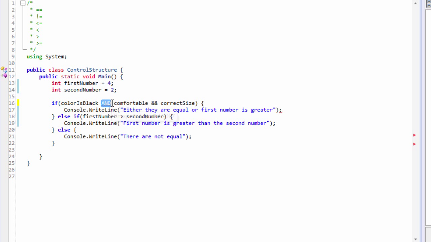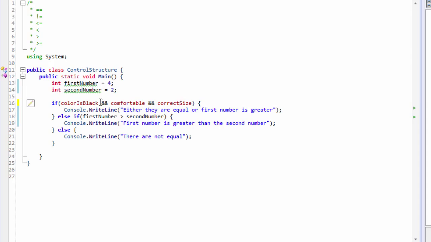So let's change this. Okay, now you see that I have included this AND. This essentially means the same thing. My shoe needs to be black in color, and it needs to be comfortable, and it needs to have the correct size. I don't want something that's uncomfortable.